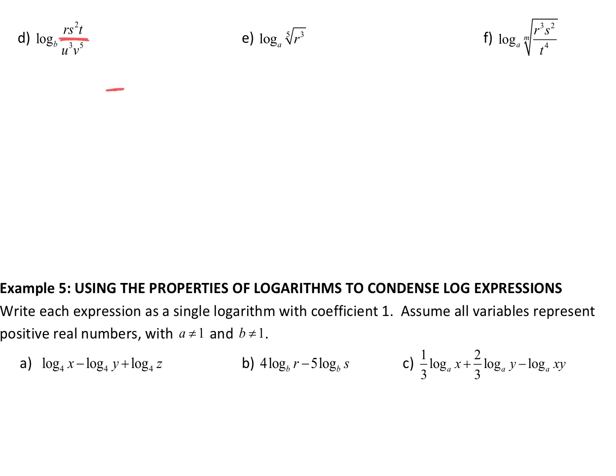And we're going to rewrite this, so it would be log base b of (rs squared t). I'm putting that in parentheses just so we know that those are all stuck together. And then you subtract the denominator, log base b of u to the 3rd, v to the 5th. Okay, this is important. In a second, we're going to split those apart. When you have variables side by side, remember that's multiplication.